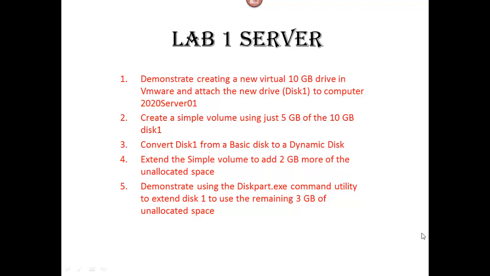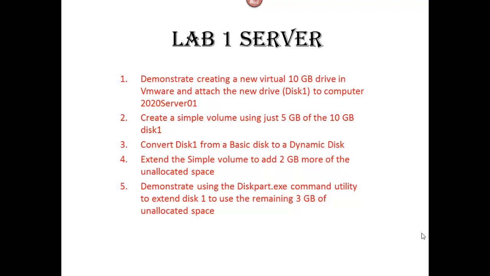We have 5 different things to do today. Number 1, we will demonstrate creating a new virtual 10 gigabyte drive in VMware and attach that new drive, disk 1, to computer 2020 Server 1. Next, we will create a simple volume using just 5 gigabytes of the 10 gigabyte disk 1. Then we will convert disk 1 from a basic disk to a dynamic disk.